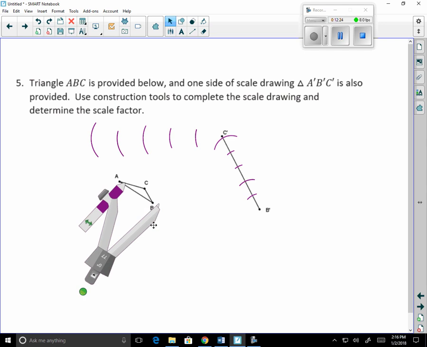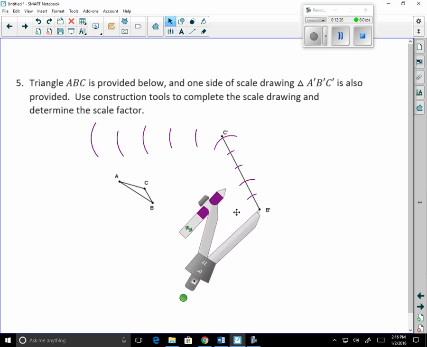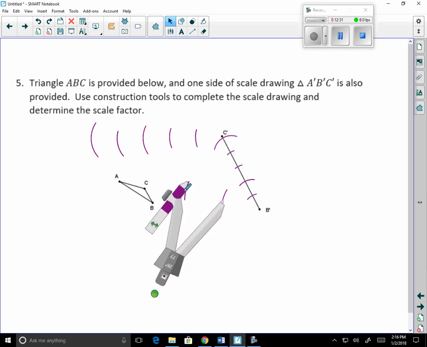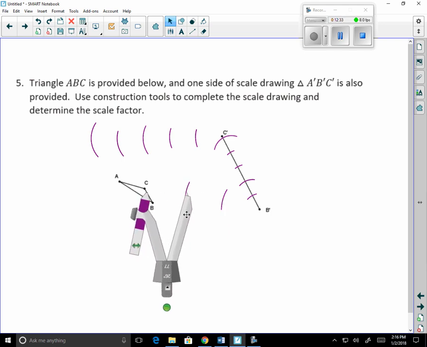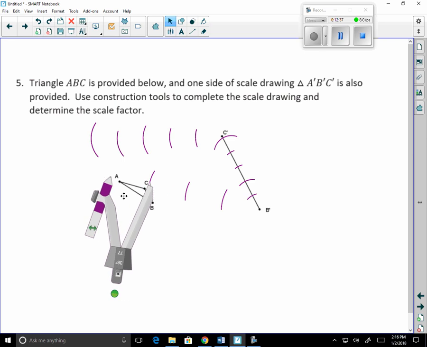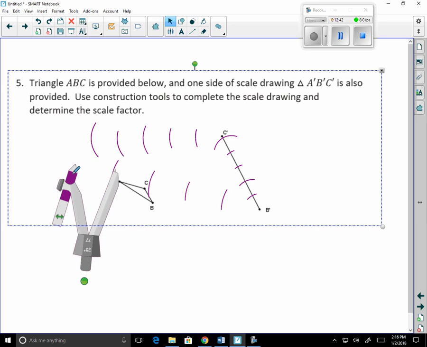So if I go in this direction, 1, 2, 3, 4. Oh, look, these last two are going to intersect. 5.